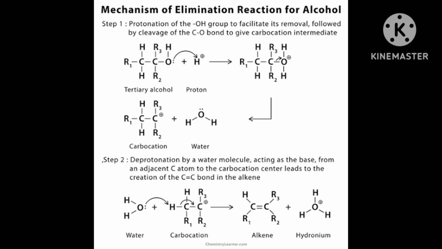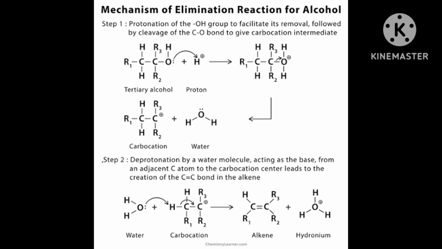Here now understand the meaning of alpha and beta carbon. Suppose 2 carbons are there. The first carbon will be called alpha carbon. The second carbon will be called beta carbon.